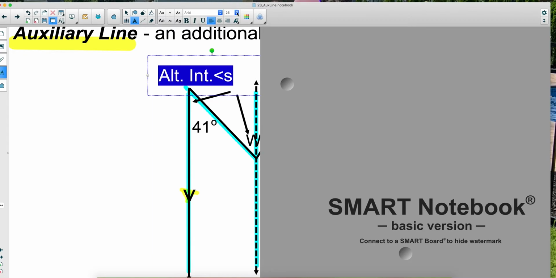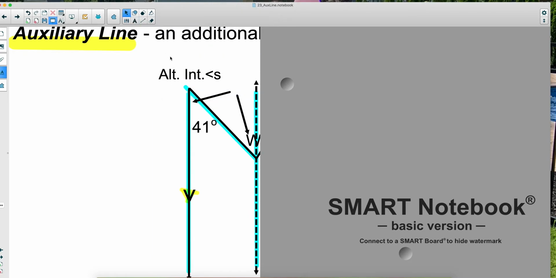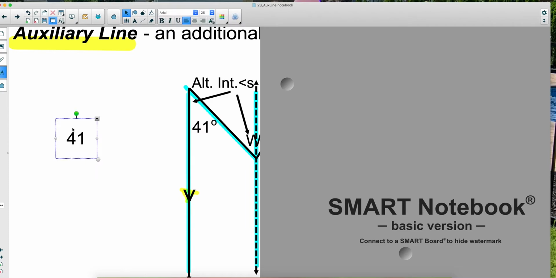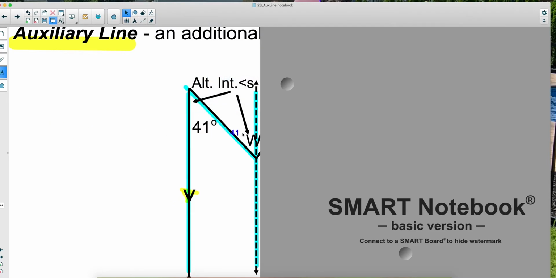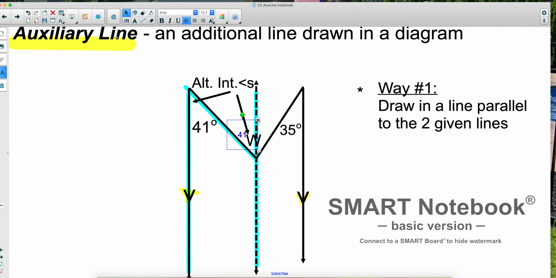Make this a little bit smaller. Okay, so now that means that this angle over here should also be 41 degrees. There we go. Okay, so alternate interior angles. Now, we have another side. We also have the side over here.